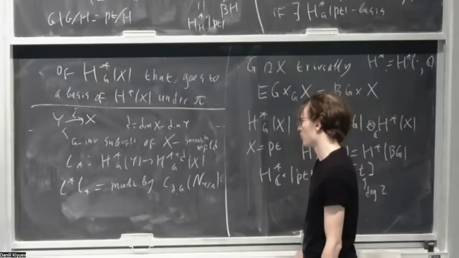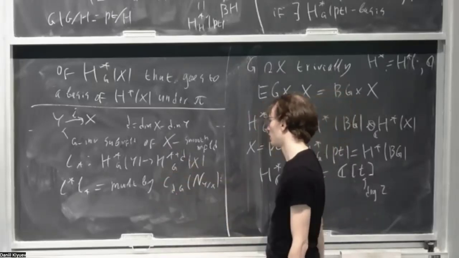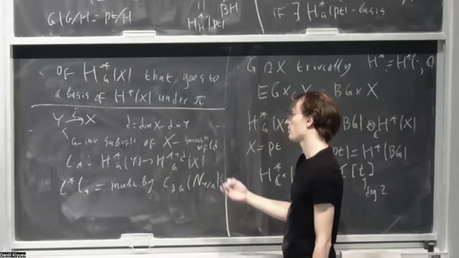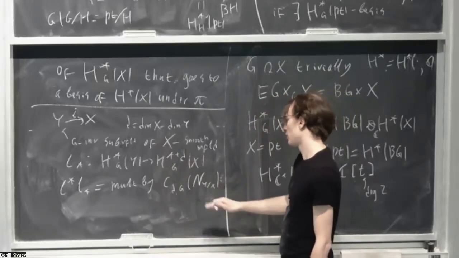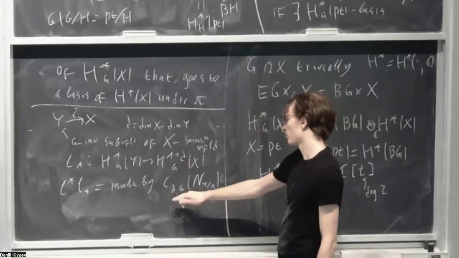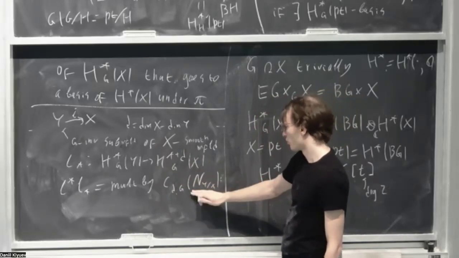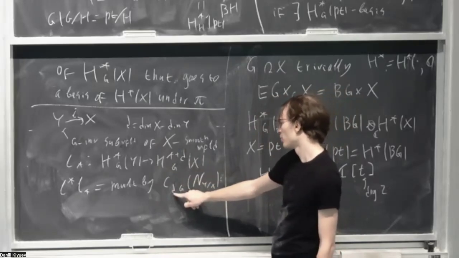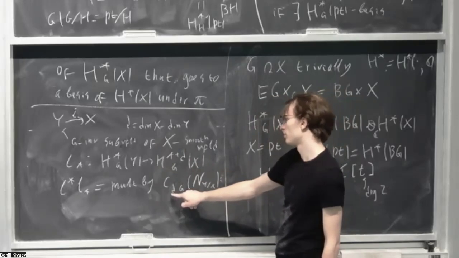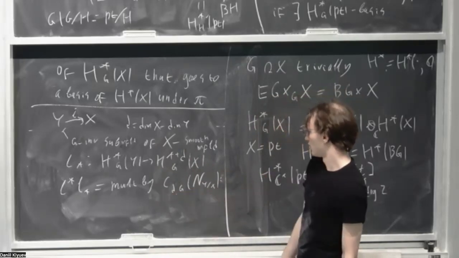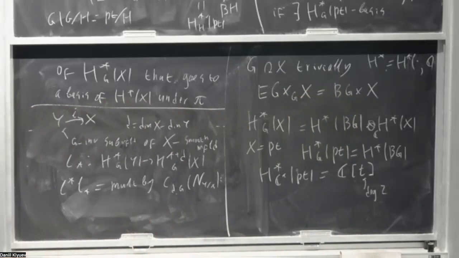It's a G equivariant bundle over Y of rank d, and we can consider its top equivariant Chern class. Any questions?